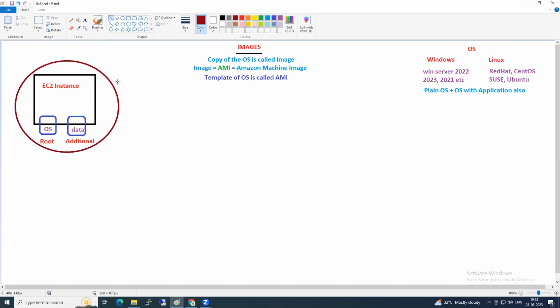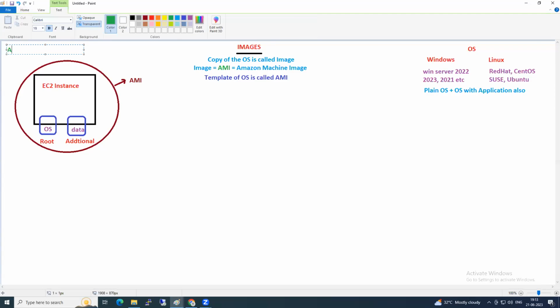So the backup of this entire EC2 is called an image, or you call it an AMI. So snapshot is a copy of the operating system, correct? Whereas this AMI is a copy of the entire EC2 instance.